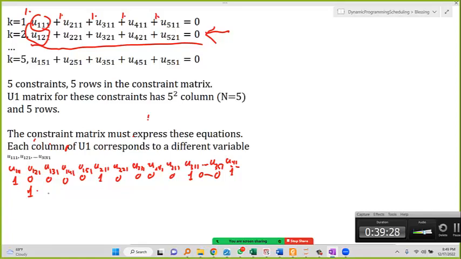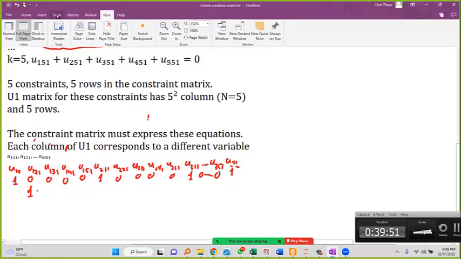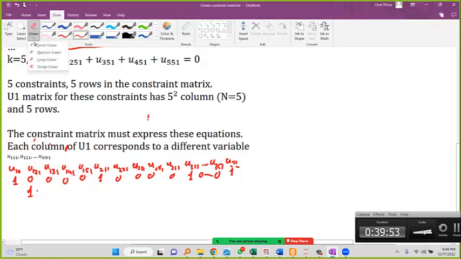Where's the next variable? According to what we've listed before. The first variable was here. First variable is here, U1, 2, 1. Where's the next variable? U2, 2, 1. Yes. Okay.